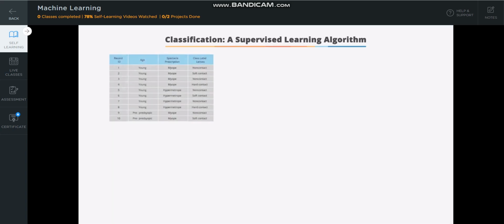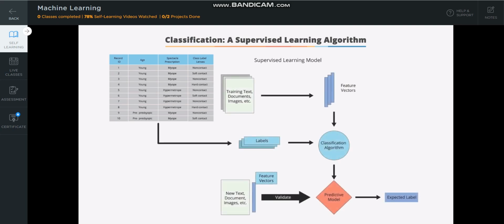Classification, a supervised learning algorithm. You must be thinking how classification is a supervised learning algorithm. Let's understand how classification processes data in order to understand why classification is a supervised learning algorithm. Here, the training data contains labels that are used with feature vectors on which the classification algorithm is applied.